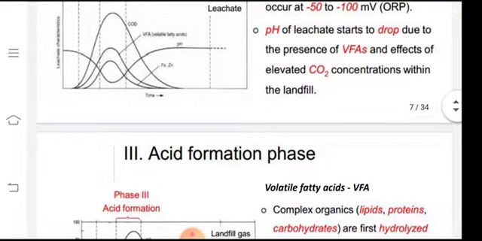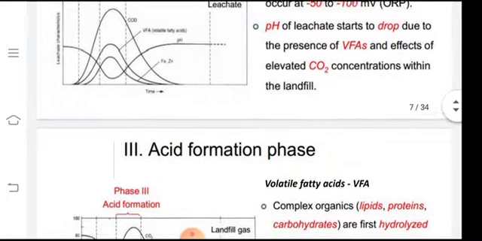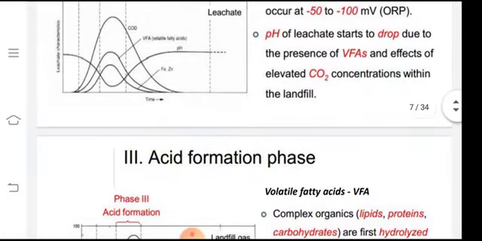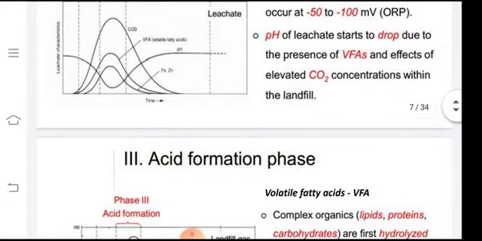This is the impact of reduced pH level. And this pH has reduced due to the production of CO2, as well as the presence of volatile fatty acids in the landfill process.